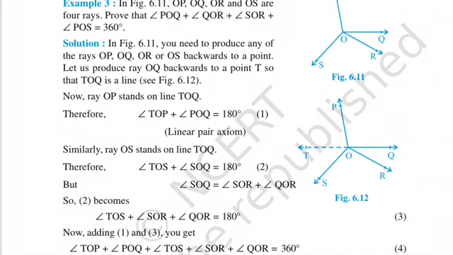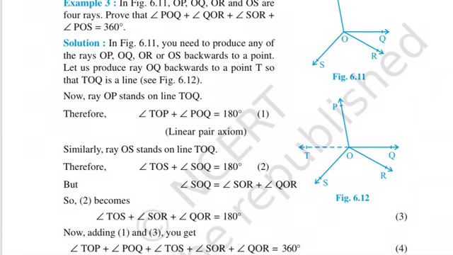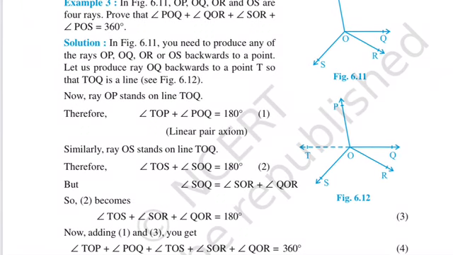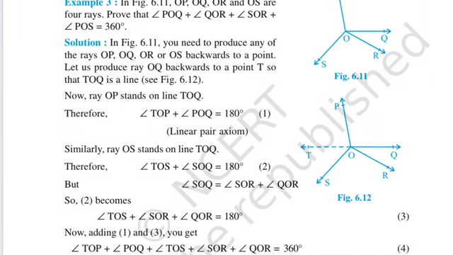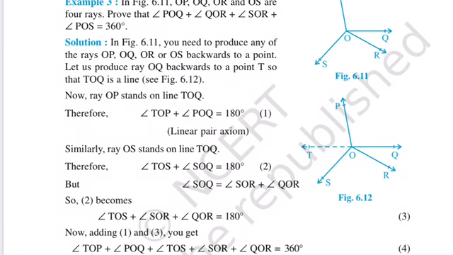Now we are going to add equation 1 and equation 3, which means angle TOP plus angle POQ is equal to 180, this one, and angle TOS plus angle SOR plus angle QOR is equal to 180, this one. We are going to add these two equations.